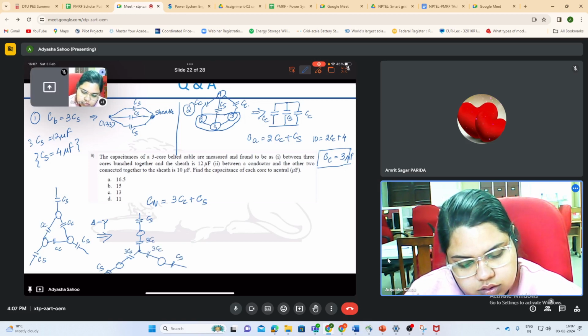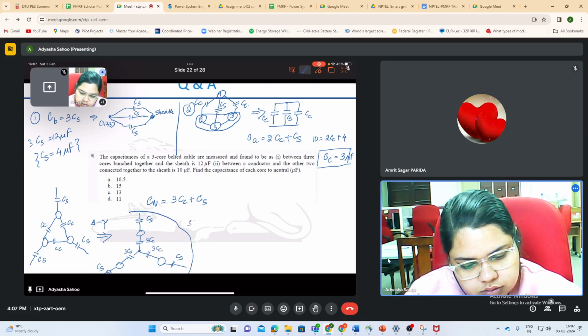This is your sheath or neutral point, and this is your core.